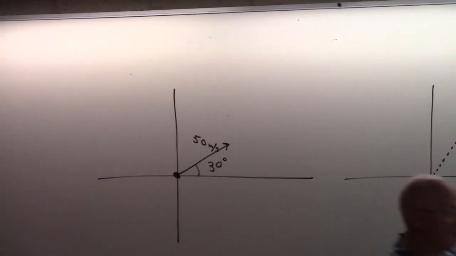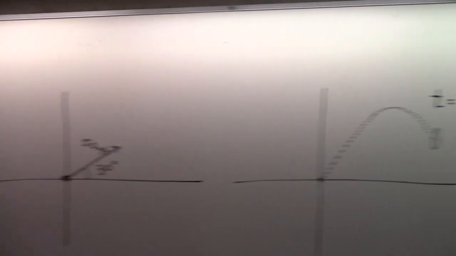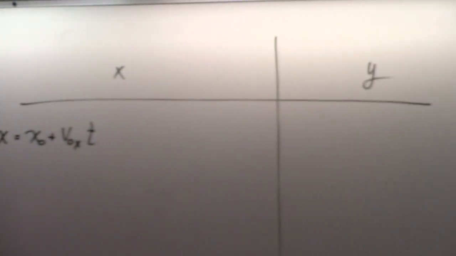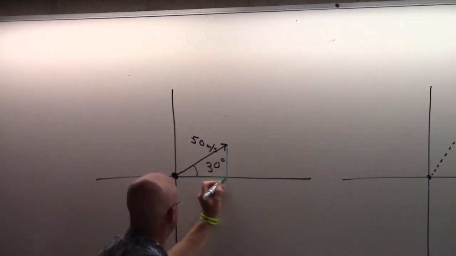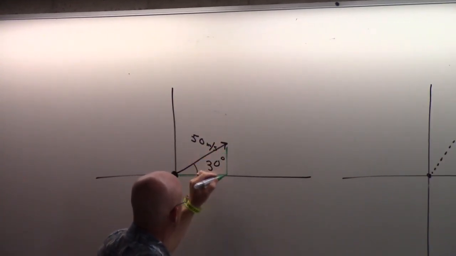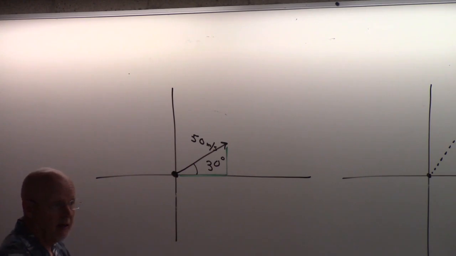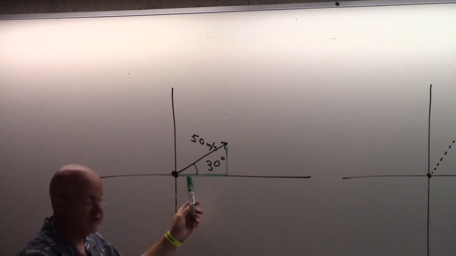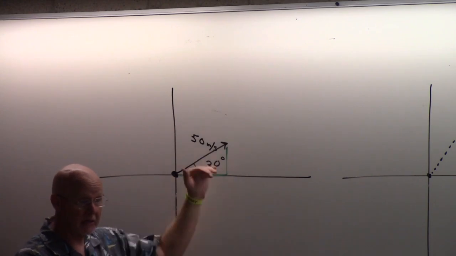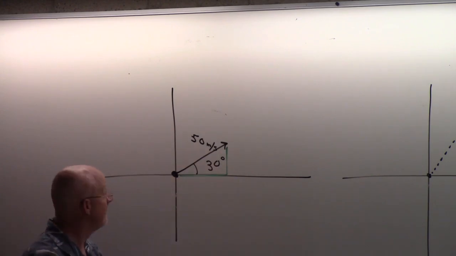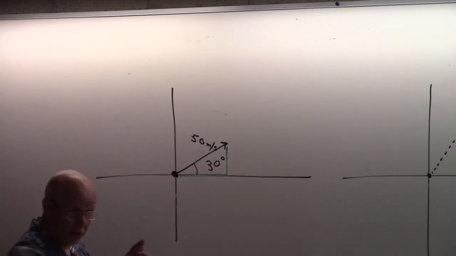Well, let me pause right here and come back to what we were doing before the break. Maybe I'll use the green here. Let's look at this as being made out of 2 pieces, an x and a y. So I could do this.